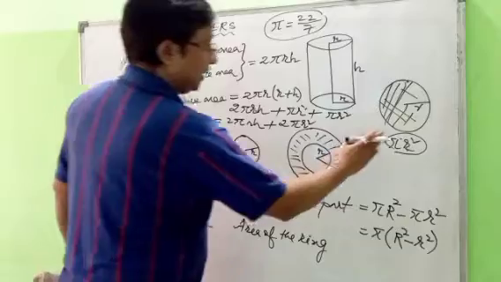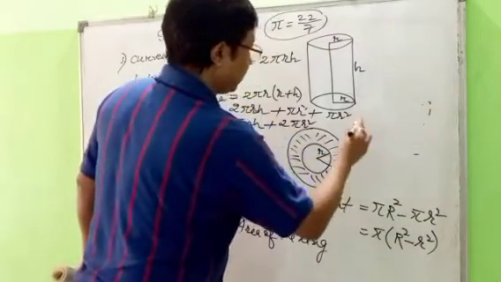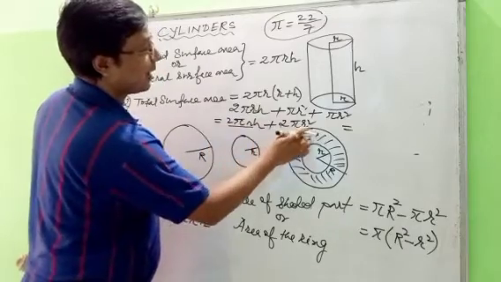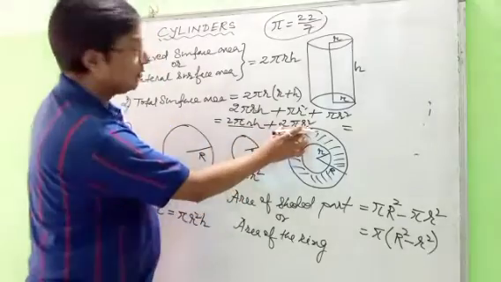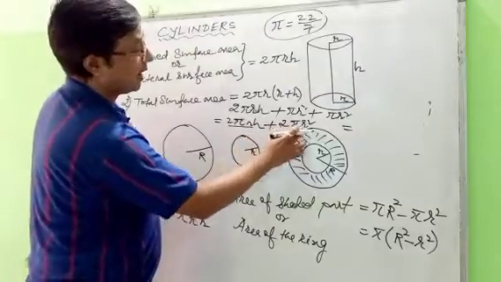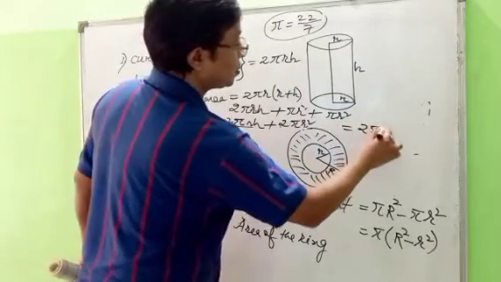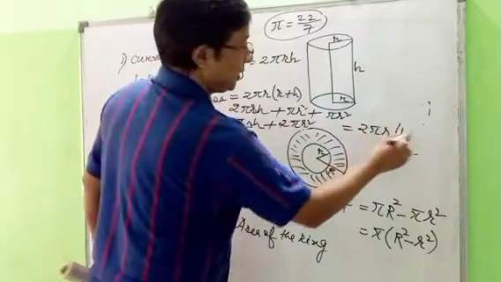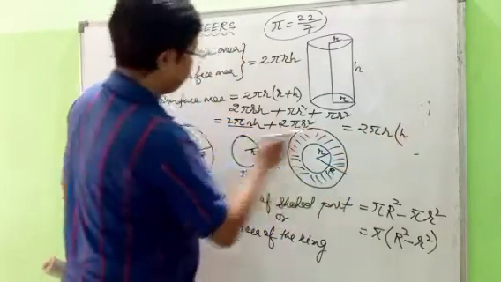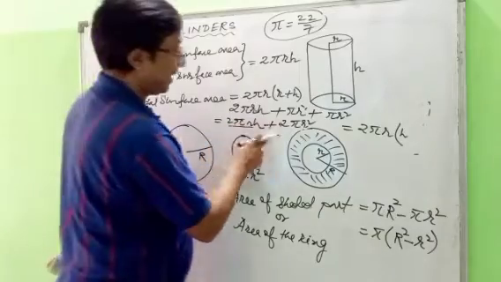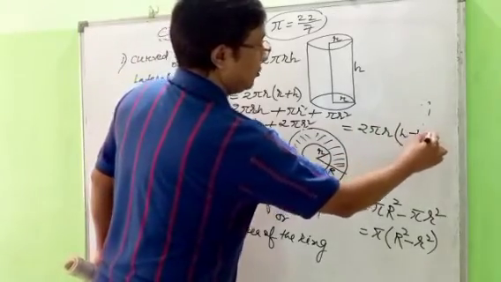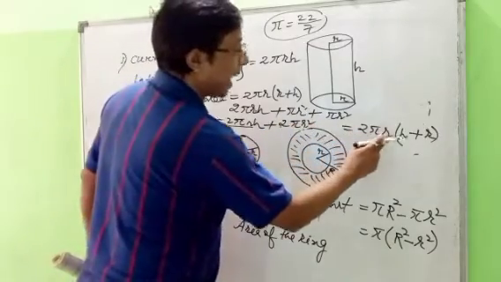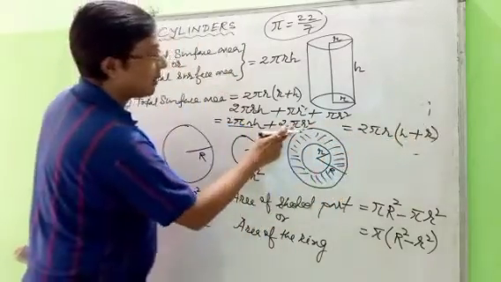Taking 2 pi r common from both terms, you get 2 pi r into h, plus 2 pi r into r, so 2 pi r square.